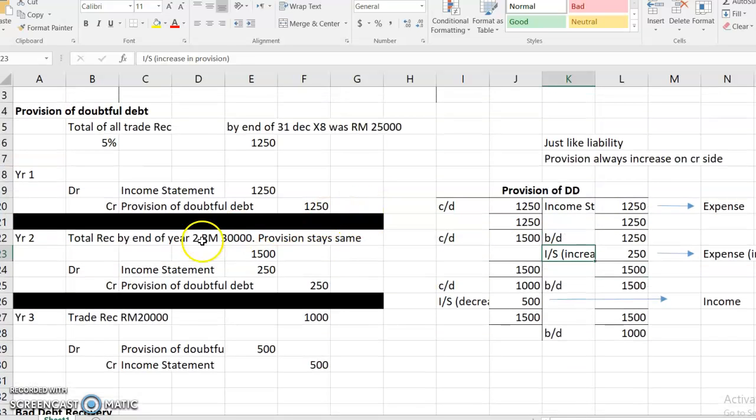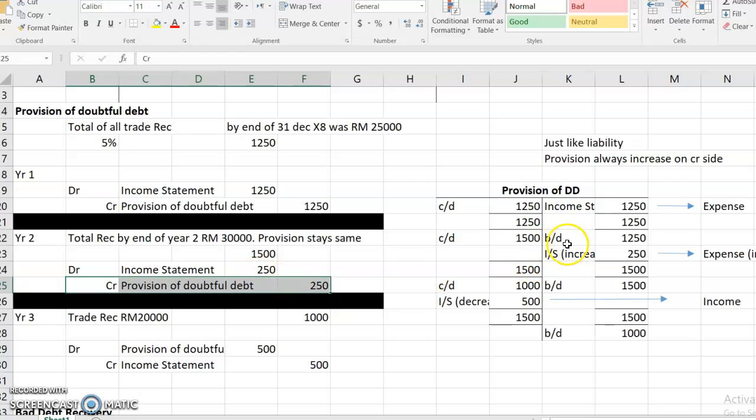So here when we calculate 5% of 30,000, which is 1500, we make it 1500 on this side, and we have a balance brought down on credit side, which is 1250. Now the balance we will put in income statement, which is 250. So we will debit income statement and credit provision of doubtful debt.